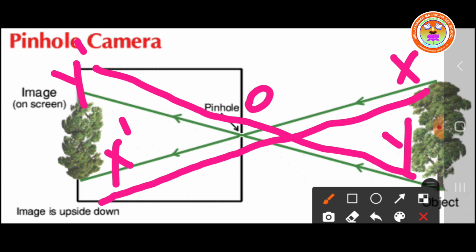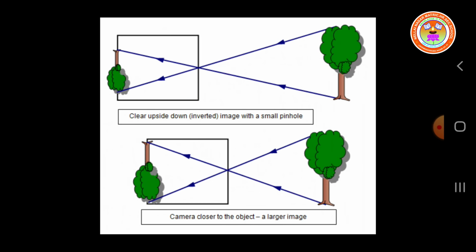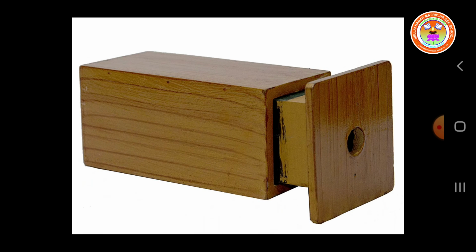Have you understood, students? Next, we can make our own pinhole camera. How to make it? What are the requirements we need? 2 rectangular pieces of thick paper, carbon paper, a semi-transparent paper, adhesive.